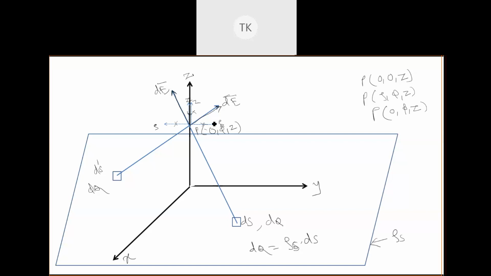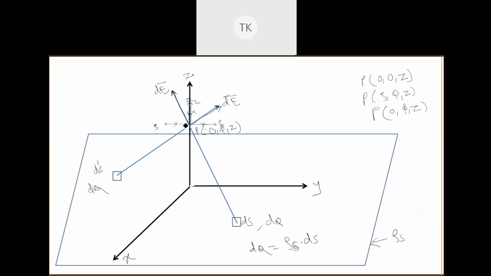So if you see here, there are two differential electric field intensities due to the same amount of charge placed on exactly opposite differential surface areas on the xy plane. The differential electric field intensities at point P will of course be the same in magnitude but differ in direction.